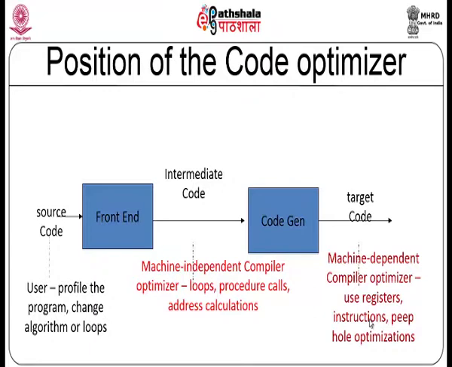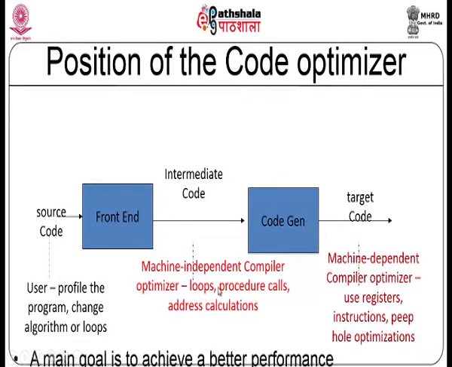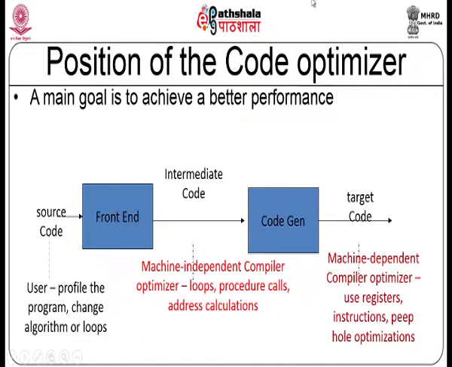That is possible at the target level. And then you have one concept called peephole optimization, which is also typically done at the target code level only. So this is machine dependent, and the other is machine independent optimization.